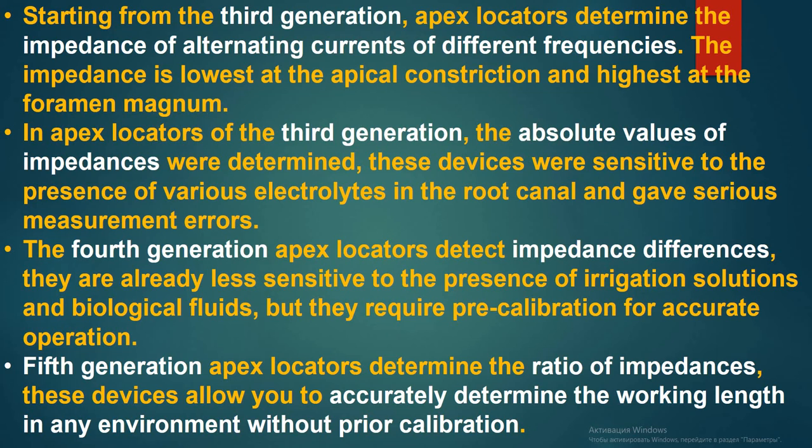In apex locators of the third generation, the absolute values of impedance were determined. These devices were sensitive to the presence of various electrolytes in the root canal and gave serious measurement errors.